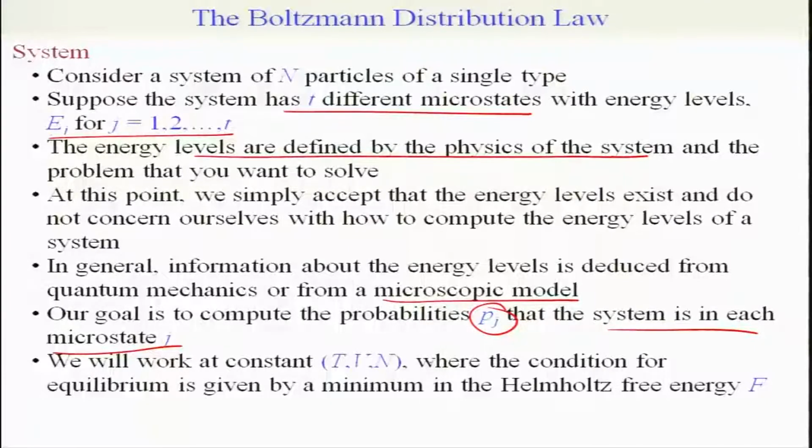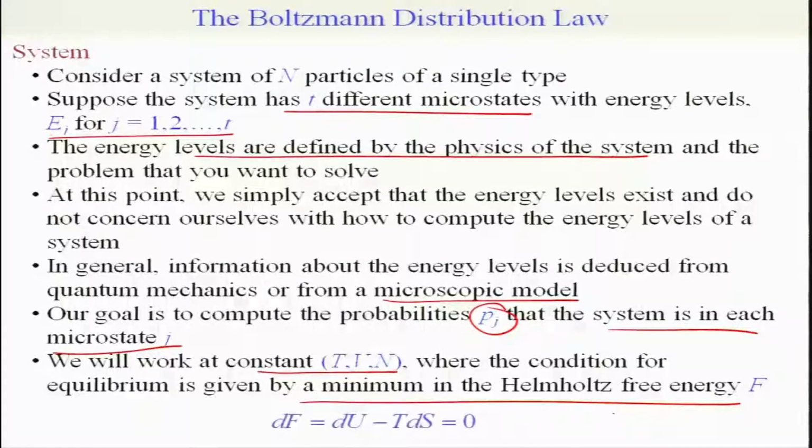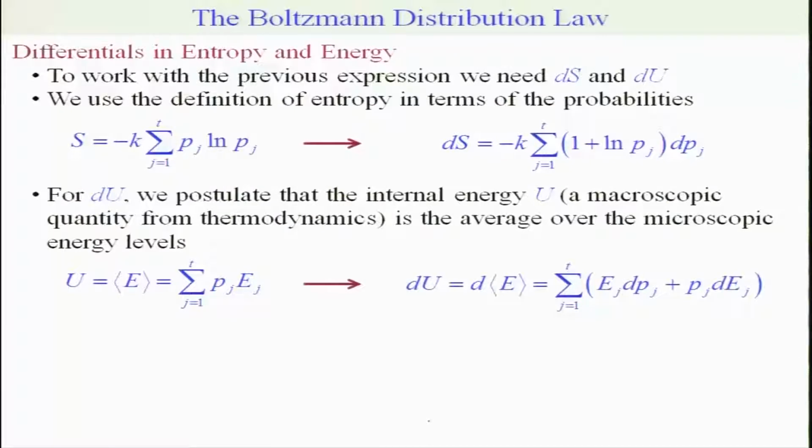In order to appreciate this, we will work at constant TVN. This is a macroscopic parameter, and for TVN or NVT, we know that at equilibrium the Helmholtz free energy would be minimum. That means dF is equal to dU minus TdS, which should be 0 at the minimum.